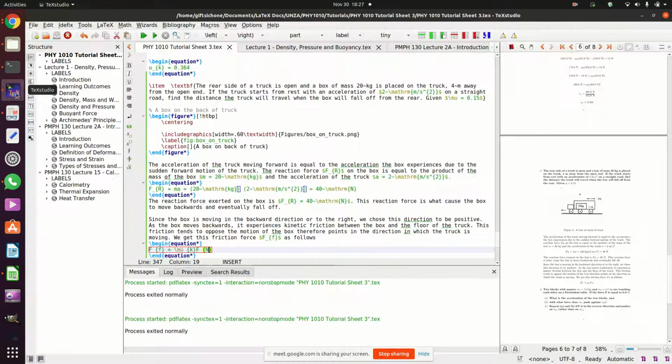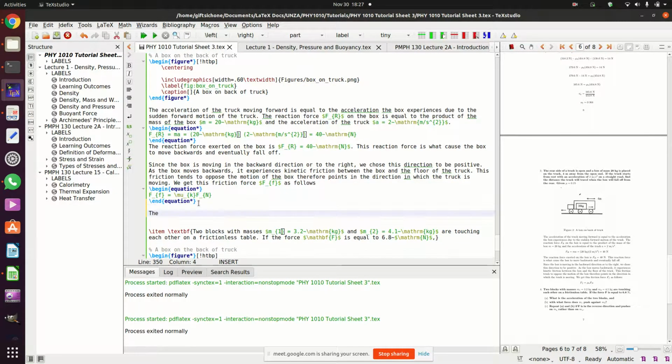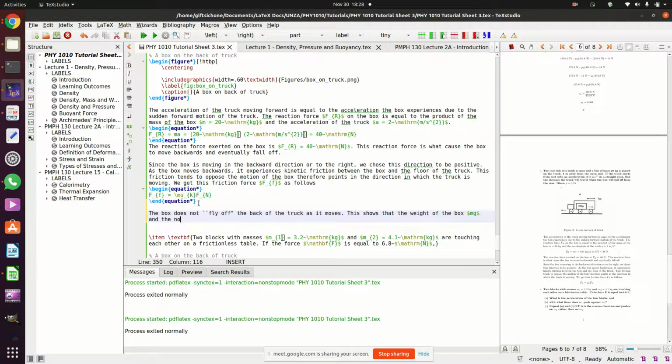Okay, next. Now that we know the friction force, the next thing is the box. The box does not fly off the back of the truck as it moves. This shows that the weight of the box, mg, and the normal force, F_n, are equal but opposite in direction.